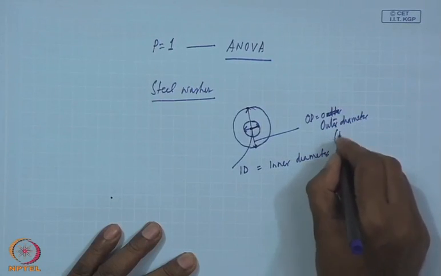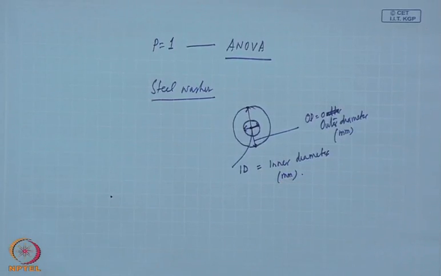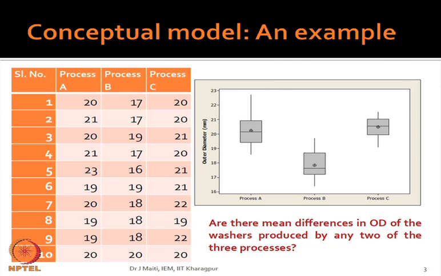Let both be measured in millimeters. Here these values are in millimeters for the outer diameter. The problem is that you are producing through three different processes, but you are producing the same thing, that is the steel washer, and the outer diameter is the quality variable which is specified by the customers.